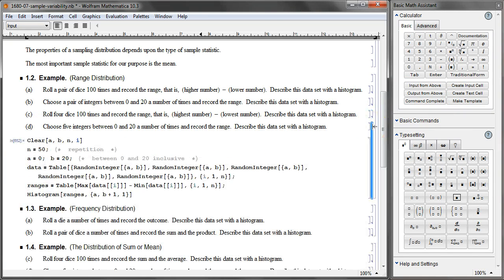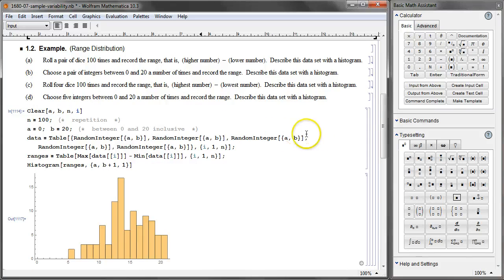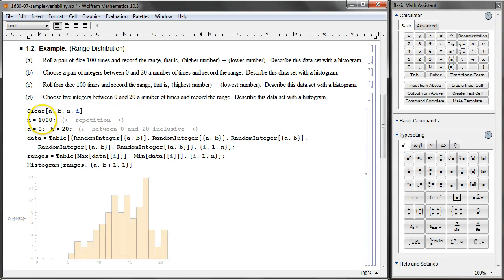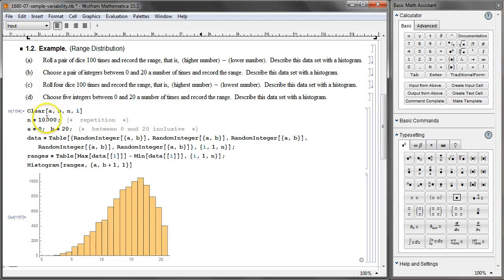How about the next picture? Choose 5 integers between 0 and 20 and repeat that, say 100 times, and then find out the range. Do I see any pattern? Hard to tell. Maybe there is some kind of asymmetric picture. Let's increase the number of repetitions to 10,000. Do I see a pattern? Oh, definitely I do.